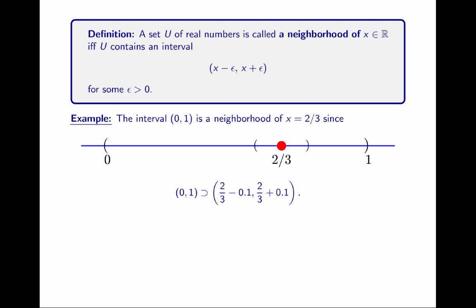So as long as there is an x minus epsilon to x plus epsilon open interval contained inside the set, then that set can be called a neighborhood. Of course, I could have gone really any epsilon to the left and any epsilon to the right, so long as epsilon was less than 1/3. Then x minus epsilon to x plus epsilon would have been contained inside the interval 0 to 1.